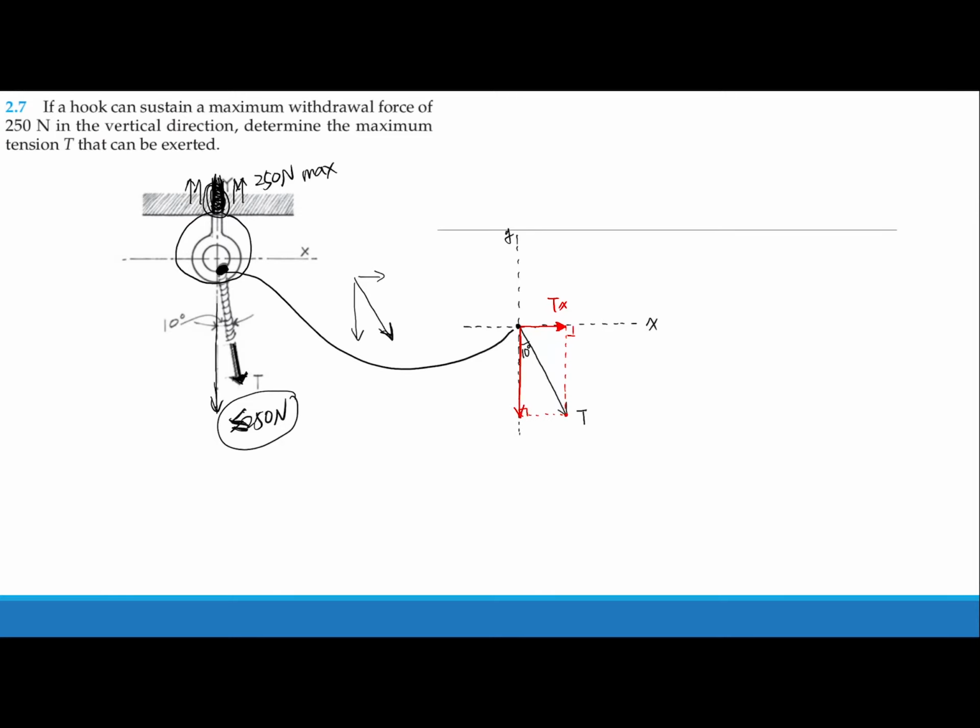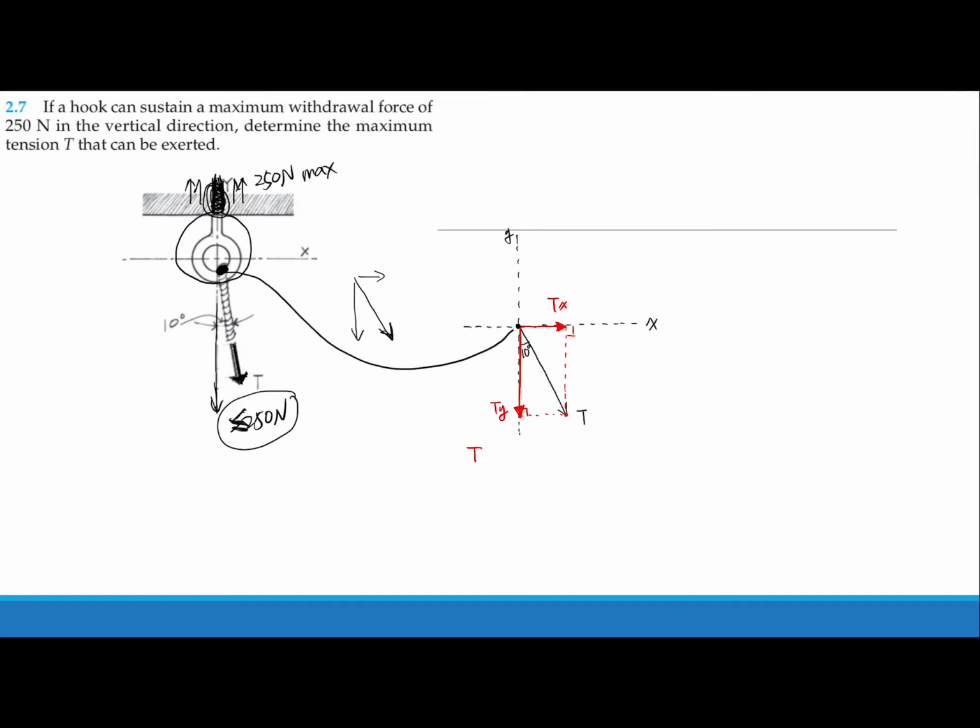The direction is very easy to tell because the T is downward but a little bit to the right. So some of the force is going downward vertically, and some of the force is going to the right. That's our Tx and Ty. And now the problem is telling you the maximum force in the vertical direction is 250.